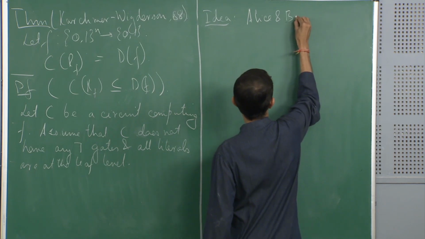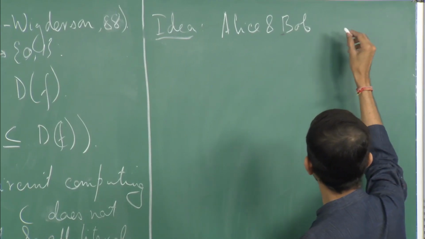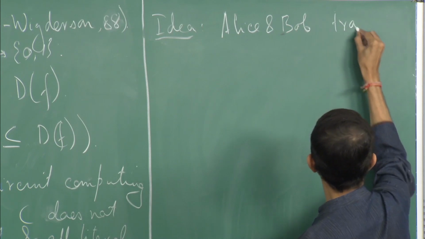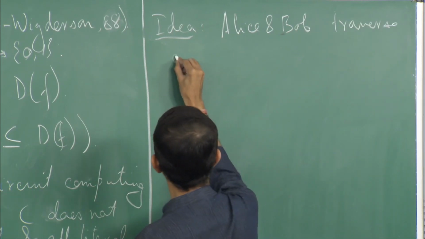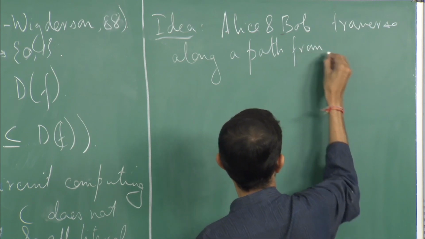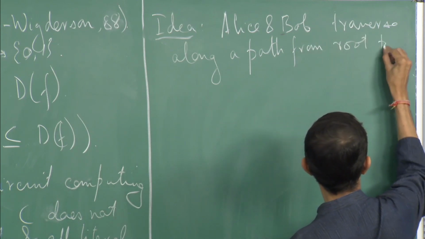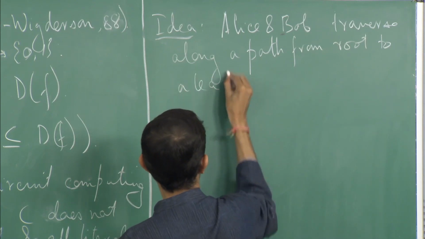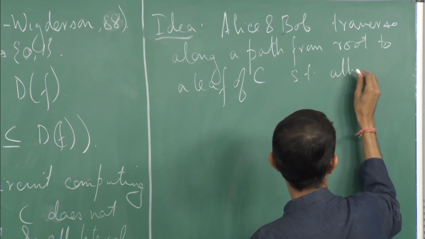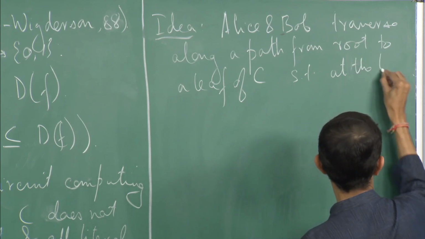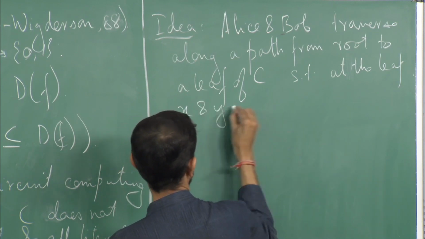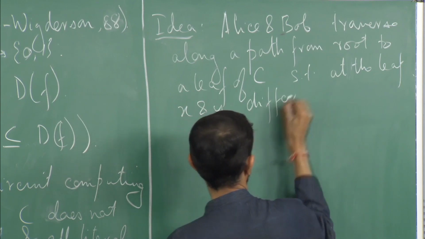So Alice and Bob traverse along a path from root to a leaf of C such that at the leaf X and Y differ.